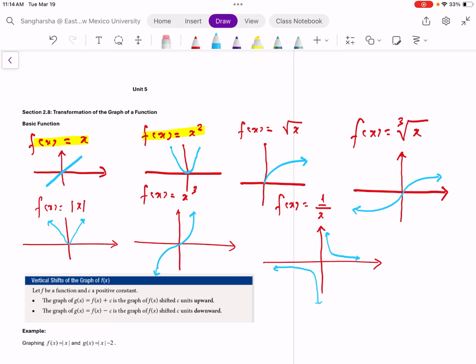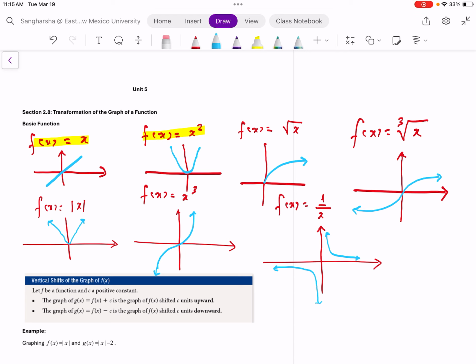Now you can get the graph for each function by making a table and plotting points, okay? So you can just go that way. But if you know the shape of this type of function, then it will be easy for this section, okay? So basically we'll be talking about these different kinds of functions, and with the help of these basic functions, we will graph more complex functions.